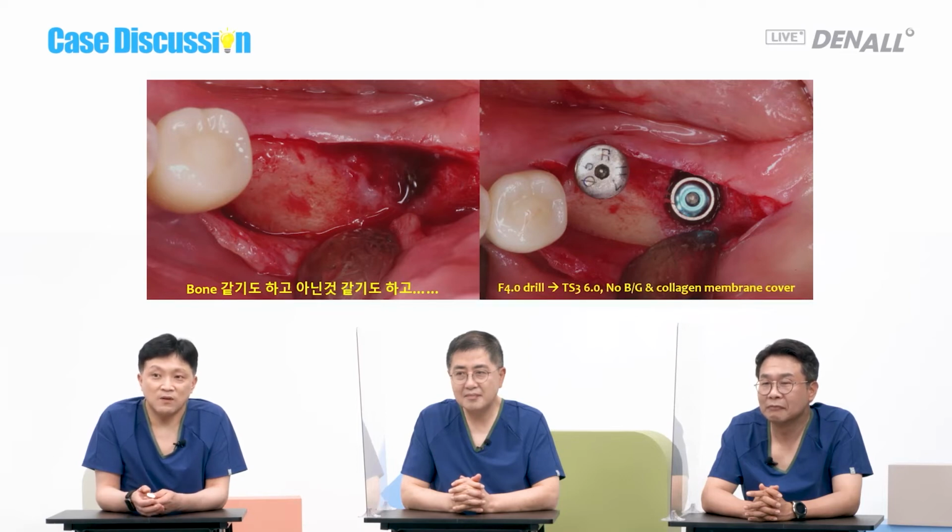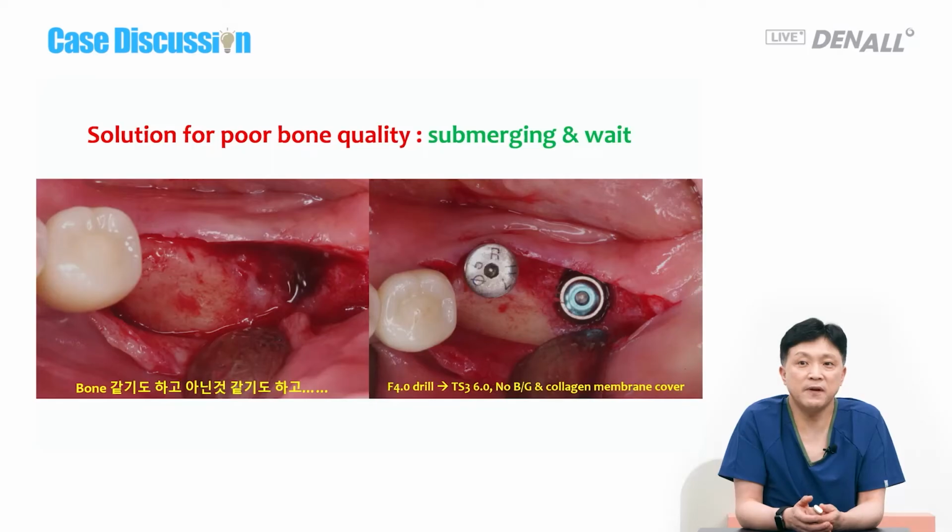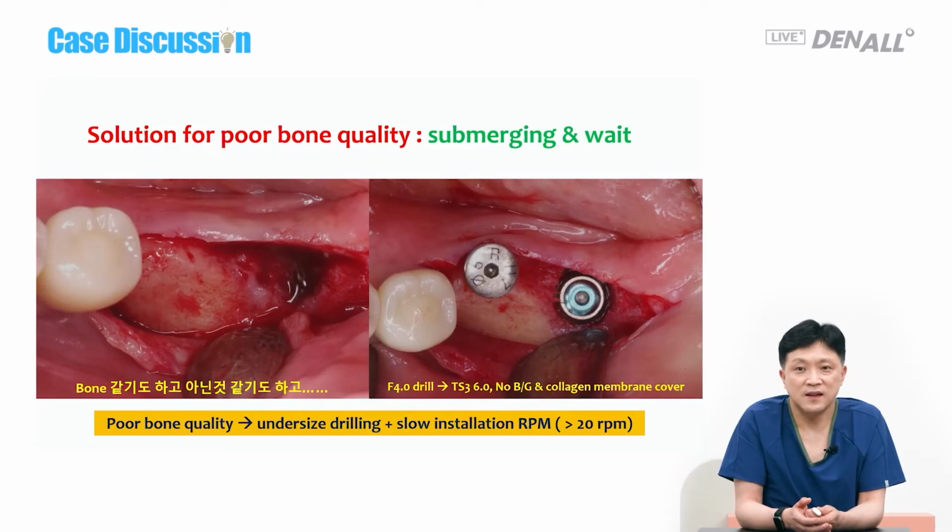I drilled up to 4.0 and a TS3 6 millimeter is placed without bone graft. I thought there's no need for the bone graft. I made it bleed and it is covered with the membrane. I wanted to see what would happen.